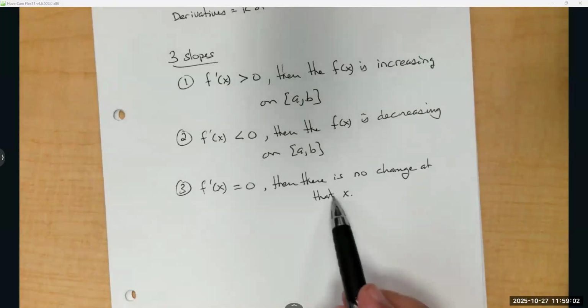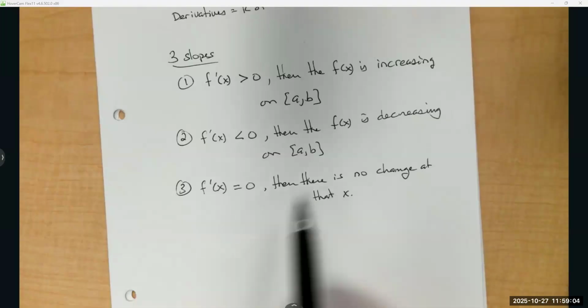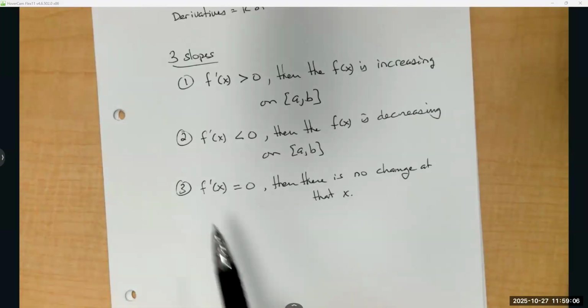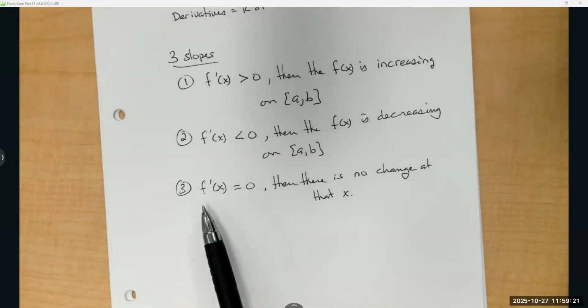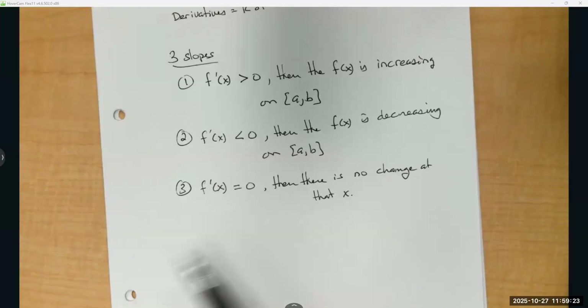Now, where does this happen? Can the slope be 0 at a point? Yes. Can it happen in an interval? Can the slope, or derivative, equal 0 on an interval AB?